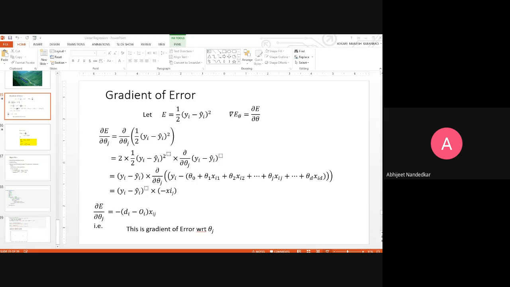You will do this experiment, or implement this in Python and submit it as a practical. I have given you the code also. Have you received that code, all of you? Yes, sir, we received the code. Go through that code and modify it according to the problem.